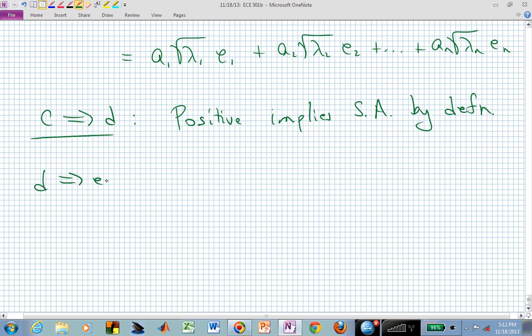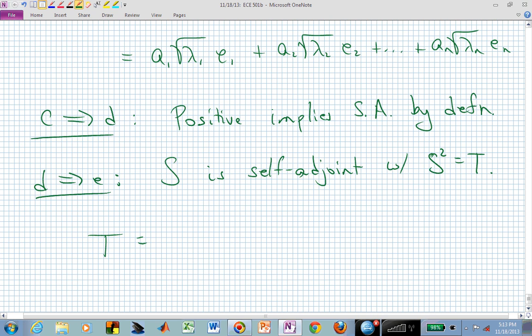D implies E. Now S is self-adjoint, with S squared giving us T, because S was the square root. Well, what we're trying to show now is that there exists an operator such that T is equal to an adjoint times itself.